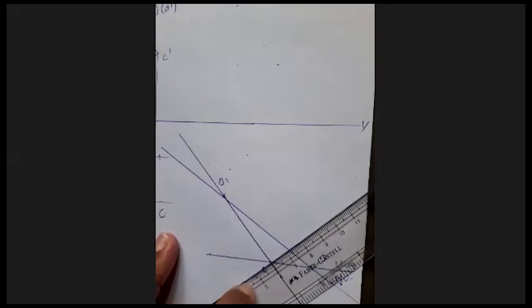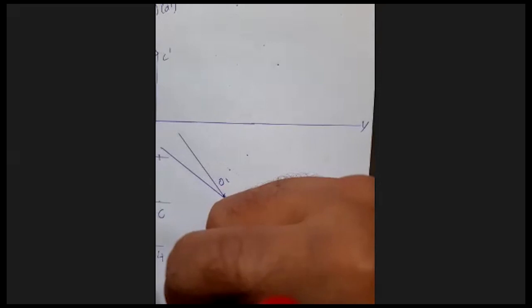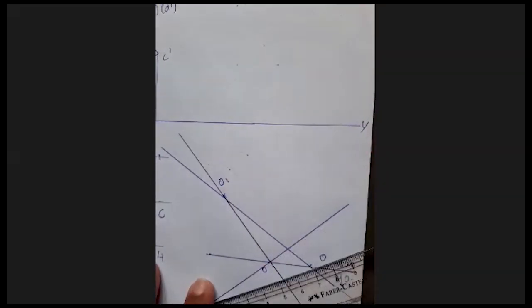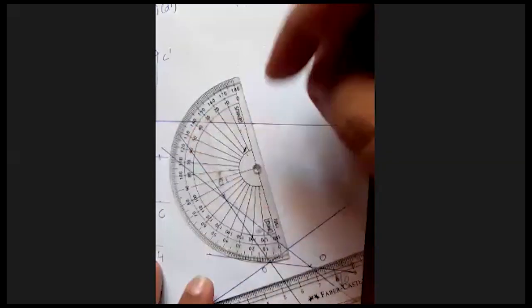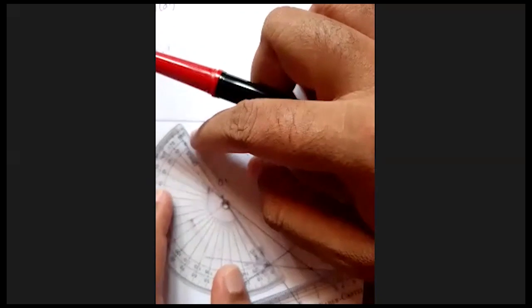On the similar note, on point O1, I'm going to draw a new 90-degree line.